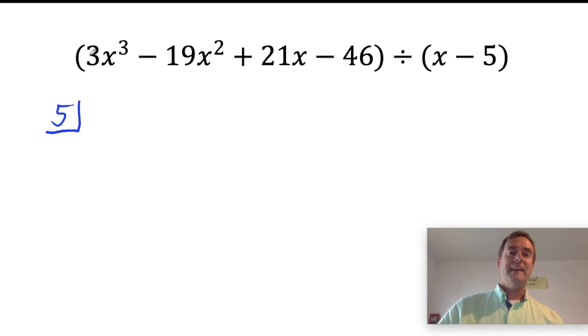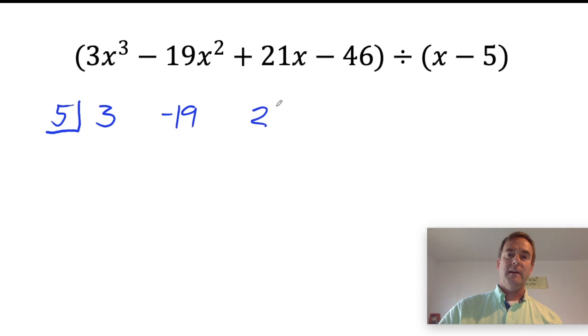Next, we're going to take the dividend, the thing we're dividing from, and we're going to write its numbers down here on that same line as the 5. But we're not going to mess with the variables, just the coefficients. The reason we can get away with that is because everything is in its place. So we're just going to scaffold it all out together. The 3 in front of x cubed goes first. The negative 19 in front of x squared goes second.